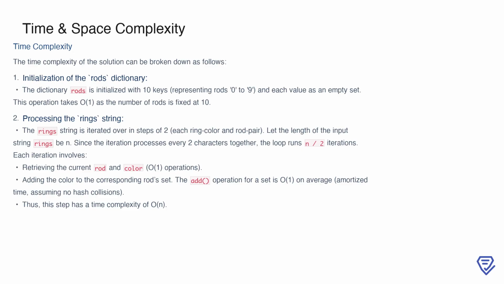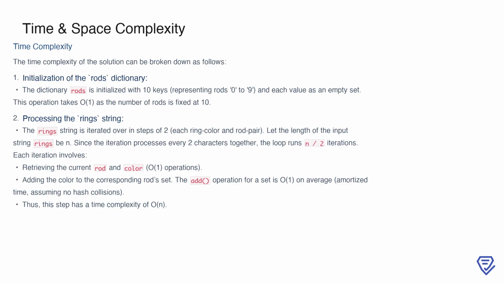To analyze the time complexity of the solution, let's break it down into its components. First, we initialize the rods dictionary with 10 keys, each representing a rod from 0 to 9. Since the number of rods is fixed, this initialization takes constant time, O(1). Next, we process the ring string. The string is iterated in steps of 2 because each pair of characters represents a color and a rod.